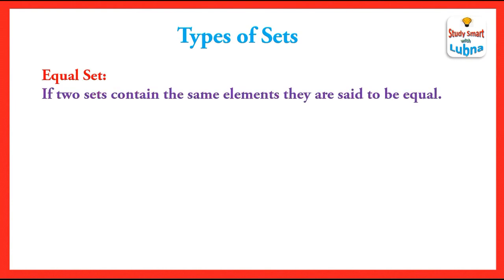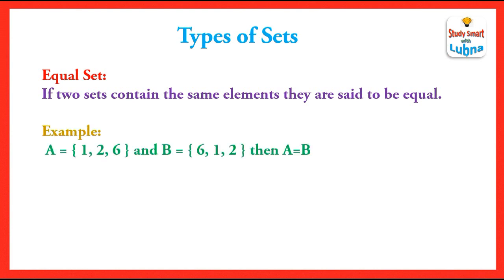Equal sets. If two sets contain the same elements, they are said to be equal. Means elements in both the sets should be the same. For example, here we have set A and the elements of set A are 1, 2, 6. And we have set B and the elements of set B are 6, 1 and 2.